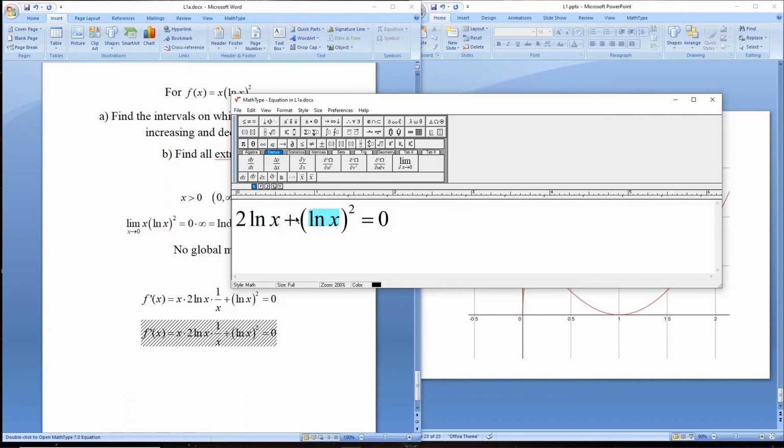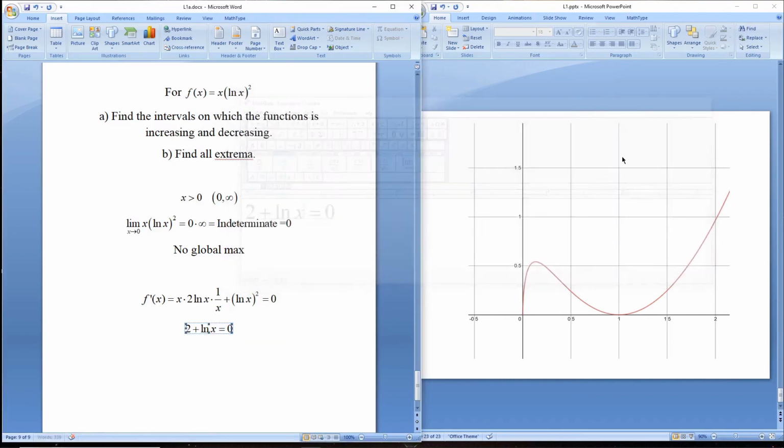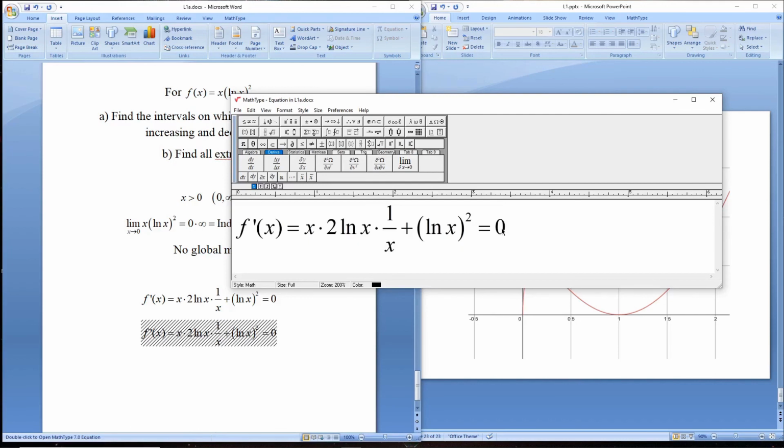And say, hey, why don't we just divide out a log x? Let's divide everything by log x. And if we did that, we'd be left with that. And we can solve that for x. However, you've got to be very careful when you divide out a variable with 0.